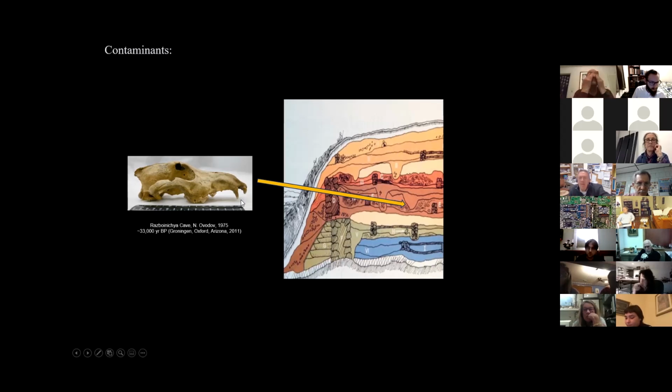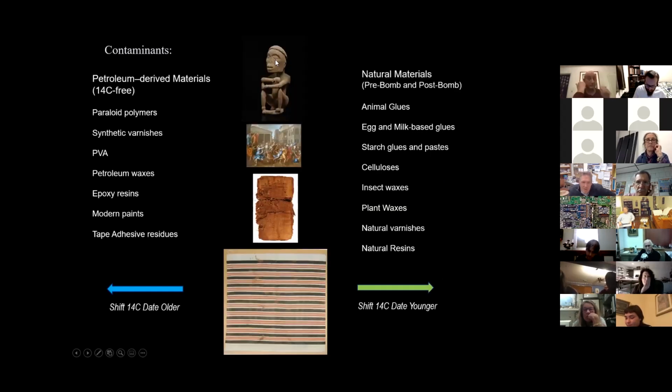When you start getting into artifacts, the range of possible contaminants just explodes. So, there are natural materials that could be applied to artifacts: animal glues, egg and milk-based glues, starches, celluloses, waxes, varnishes, resins, but also, of course, natural oils from handling and passing around, and for funerary and temple objects, unguents that have been used to anoint these things are part of their use life.